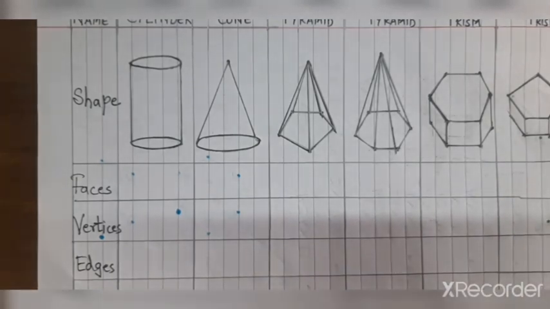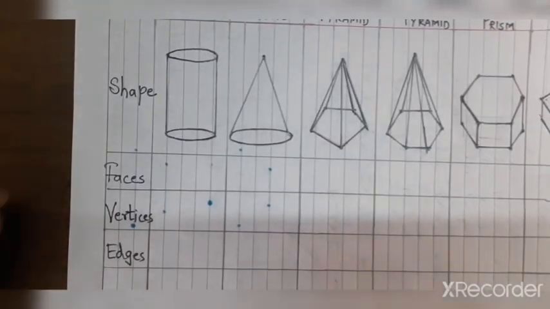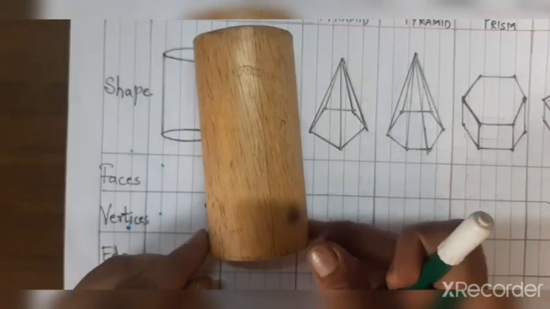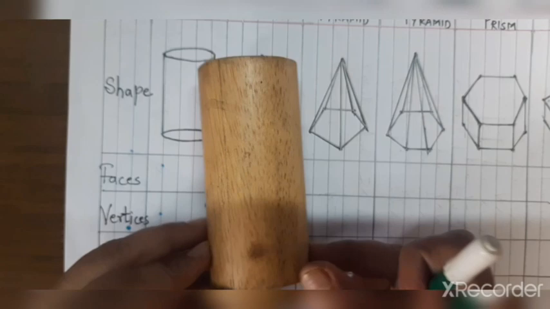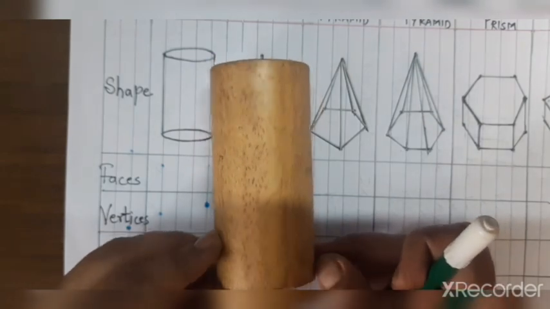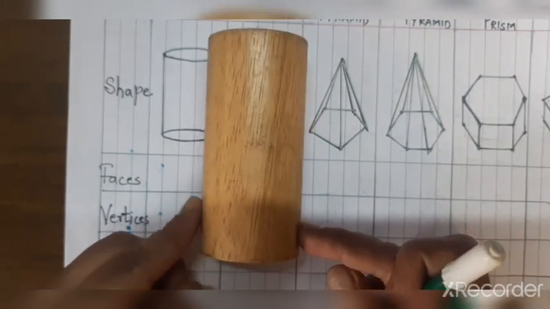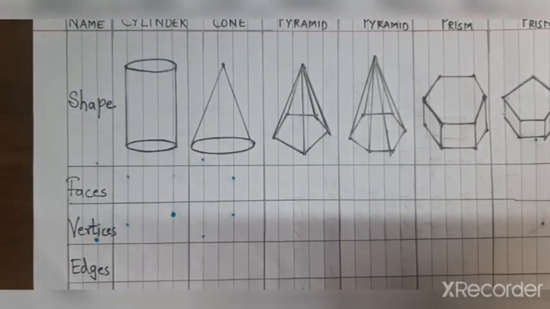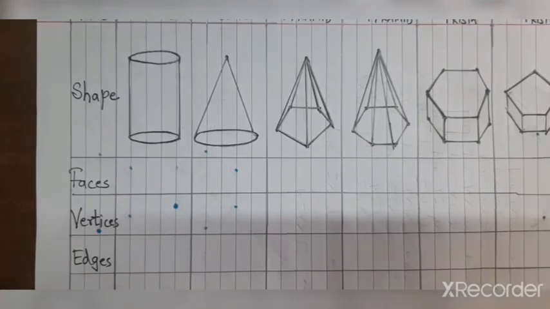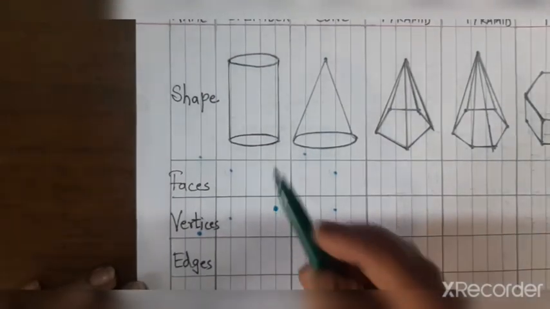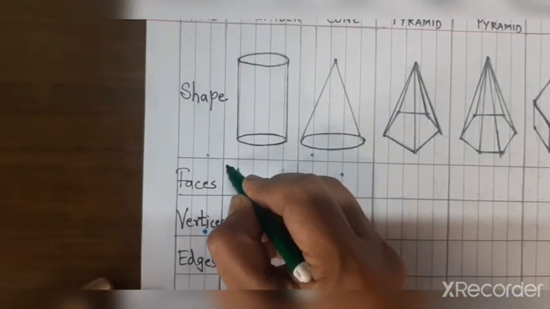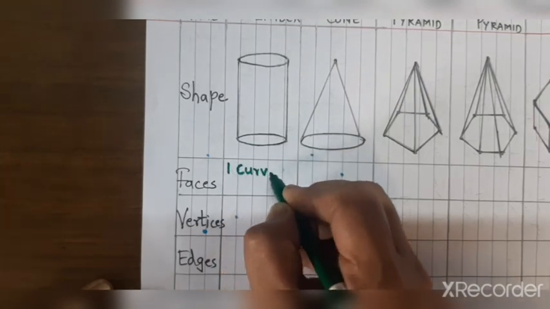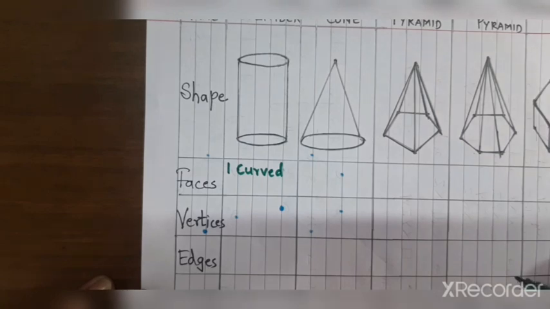So first we take this cylinder. I have shown you all the shapes, but still I'll just hold this so that it becomes clear for you. We need how many faces it has, how many vertices and how many edges. Okay, so a cylinder has one curved surface, one curved face.